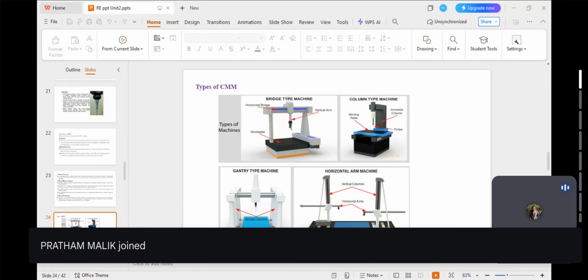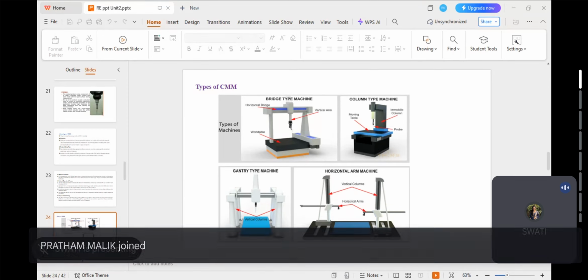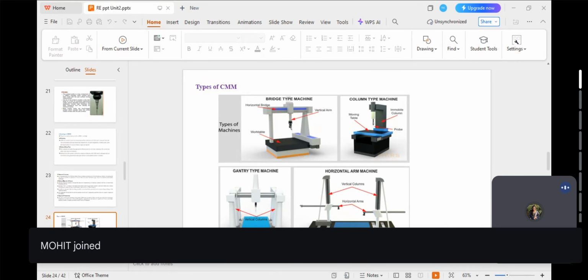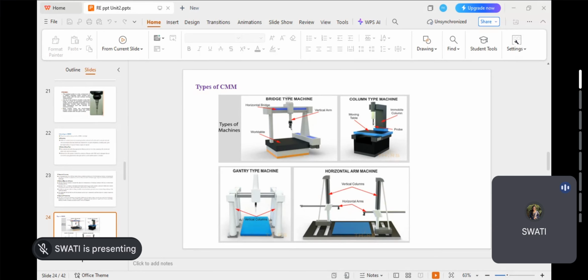Okay, so as far as the types of CMM are concerned, we have different types of CMM with their unique features. Some of them are given over here, some may not be. But we have n number of types of CMM. In this class, I'm going to tell you the major types which we generally use as a coordinate measuring machine.